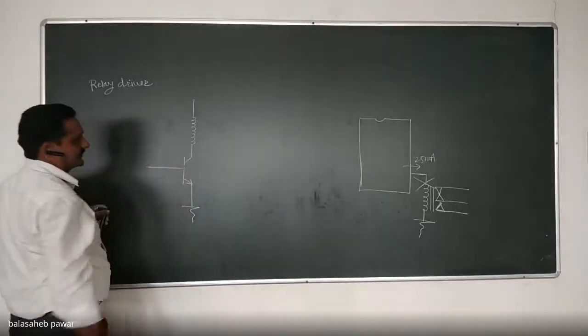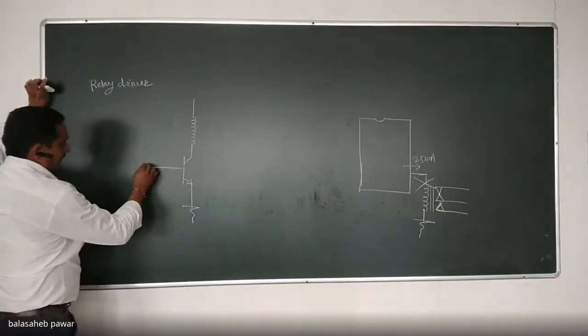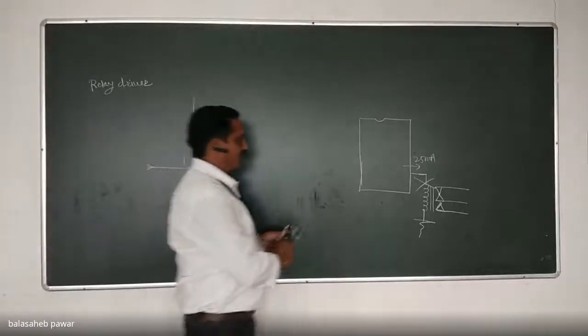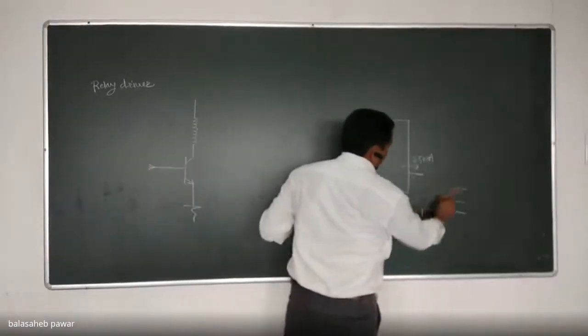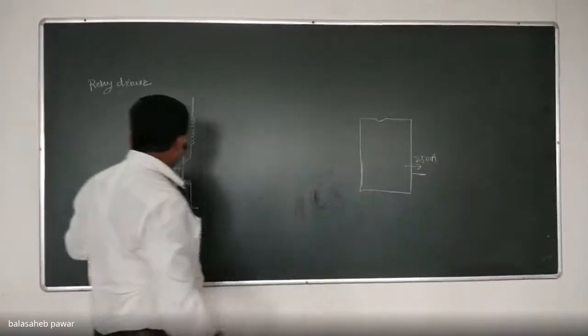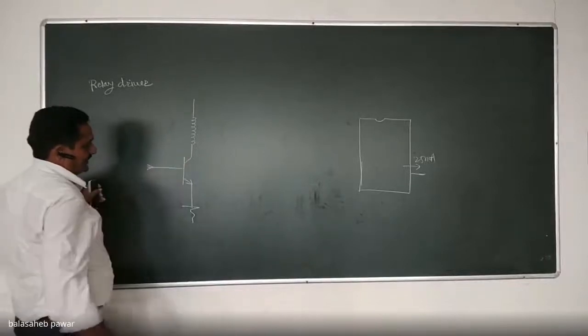Okay. So this is our BJT. And the output pin of our microcontroller, this one, we will connect to the controlling pin of our transistor. If it is BJT, then to the base terminal. Okay.